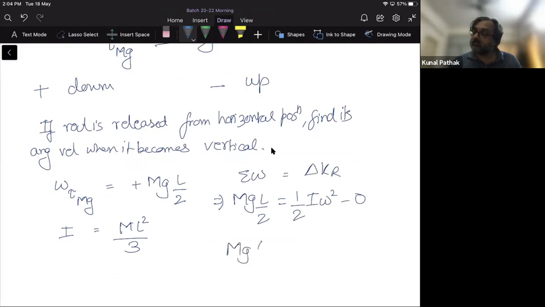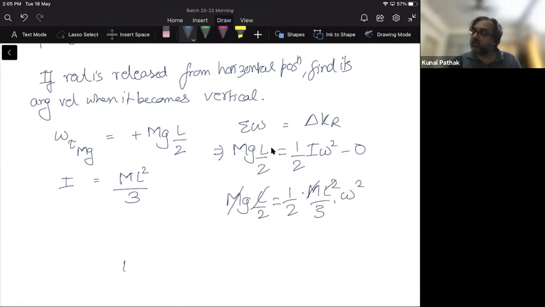So we get mgl by 2 is equal to half ml square by 3 omega square. m and l cancel, the 2 also cancels, and we get omega is equal to root of 3g by l.